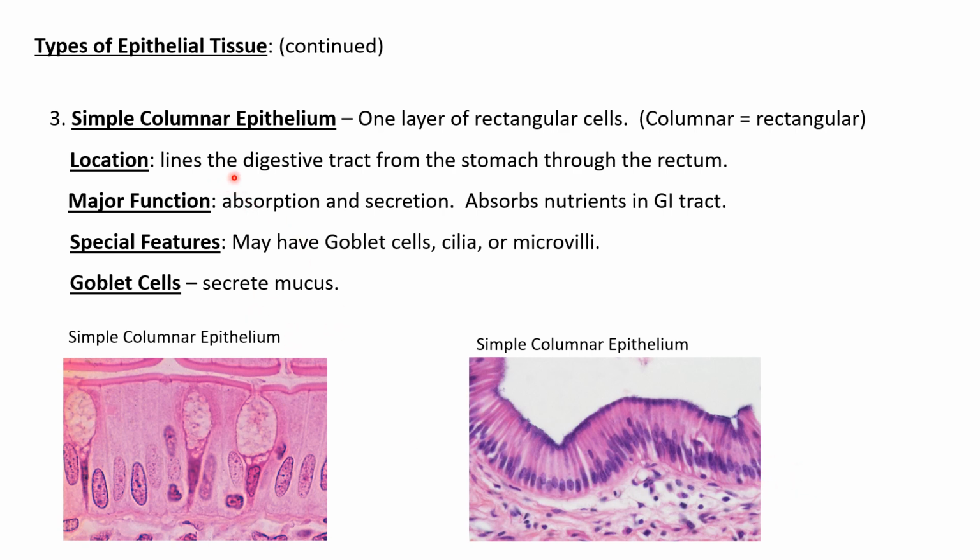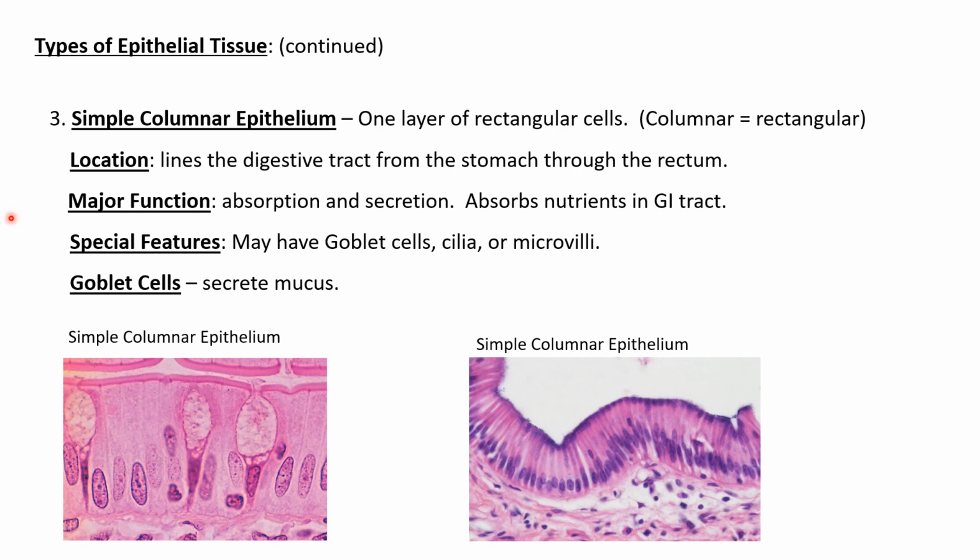So location, this is lining the digestive tract from the stomach to the rectum. So starting at the stomach and going from there to the small intestine, the large intestine, and then the rectum. The major function is absorption and secretion. So you need to have nutrients in the digestive tract.